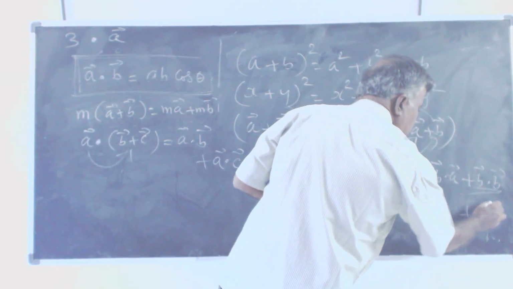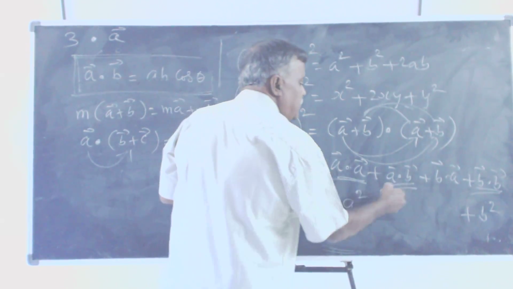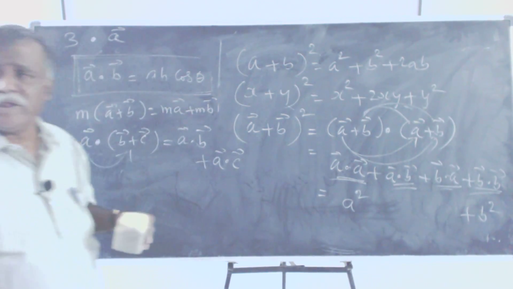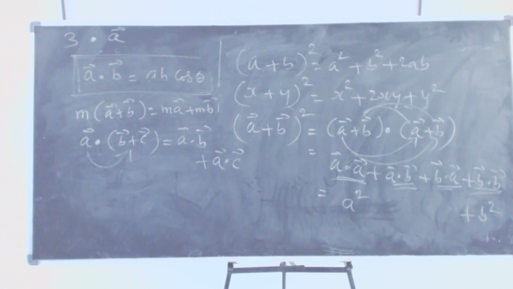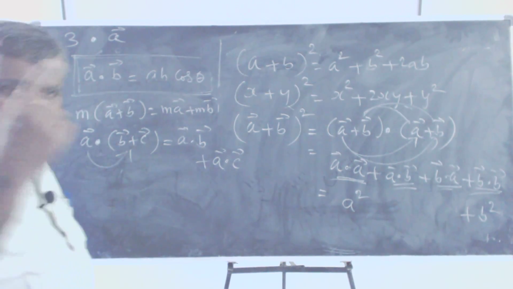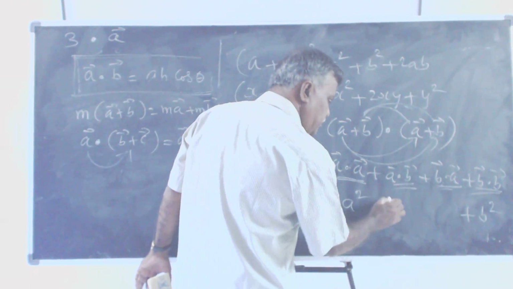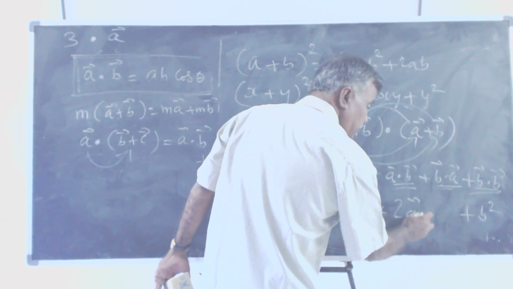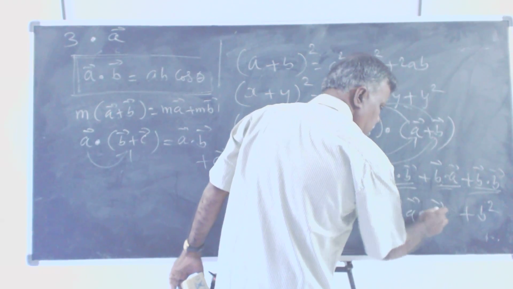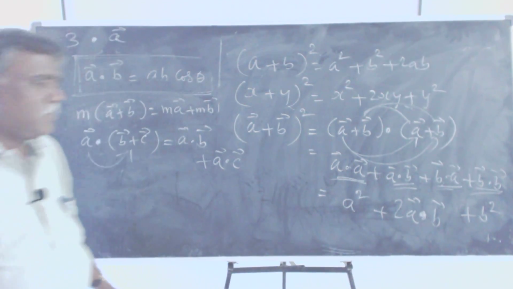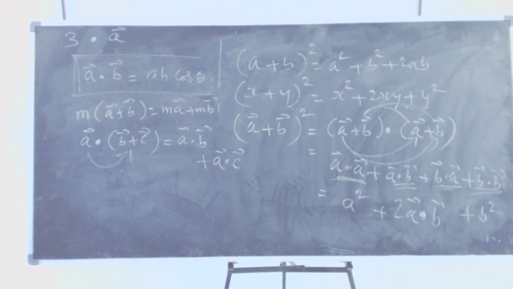B dot B can be written as B square. Here A dot B and B dot A are one and the same. B dot A is same as A dot B. So how many A dot B's are there? 2 A dot B's are there. Therefore plus 2 A dot B. So A square plus 2 A dot B plus B square.